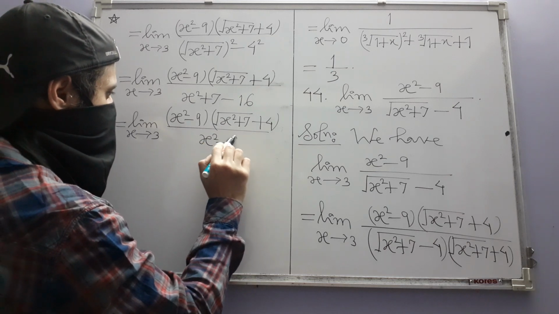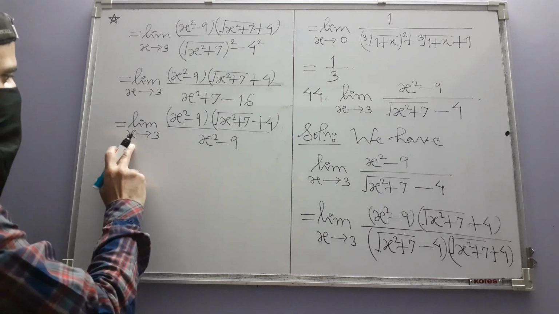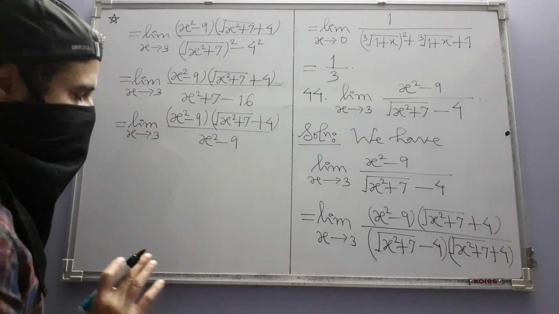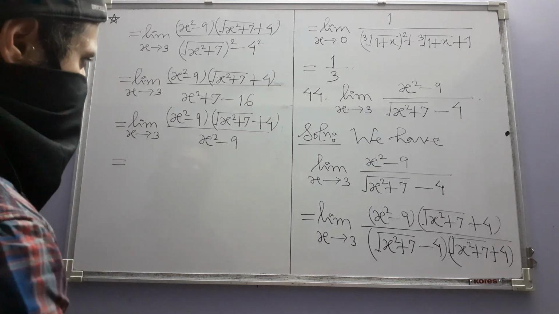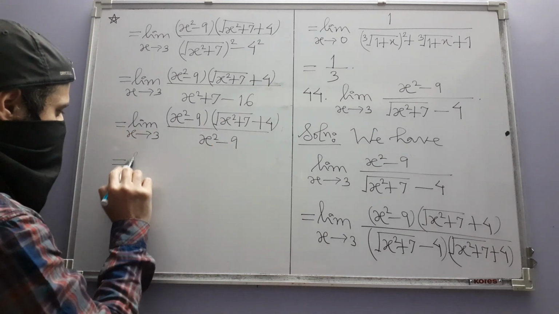So in the denominator we have this itself, and now as x approaches 3, x is not equal to 3, so x square is not equal to 9, and that is why you can cancel x square minus 9.